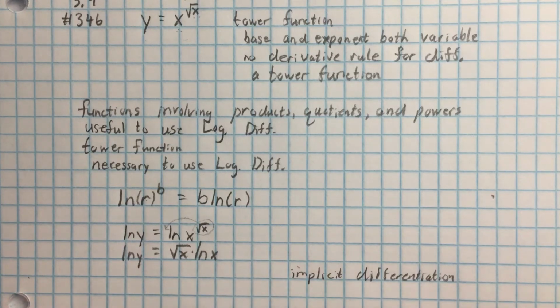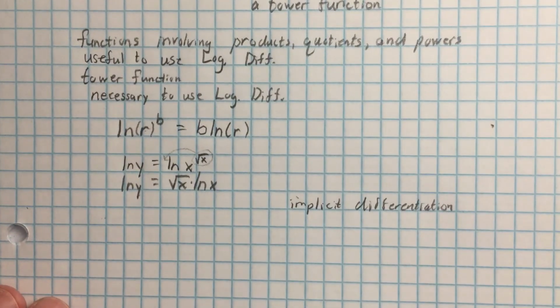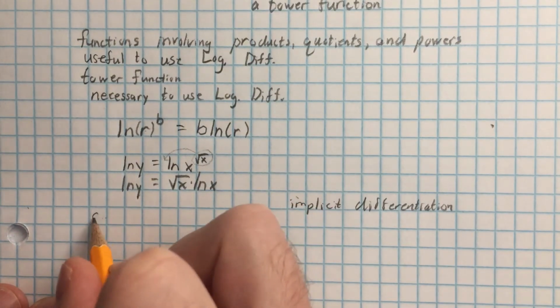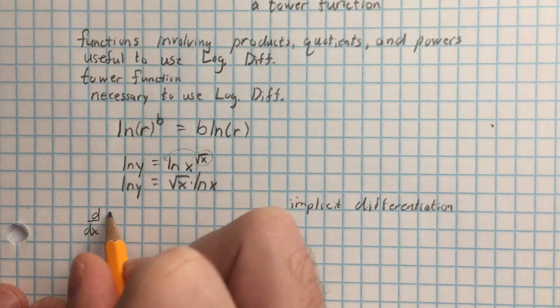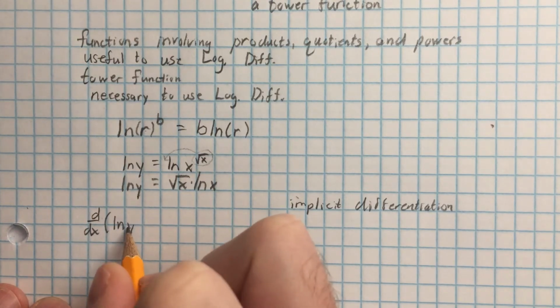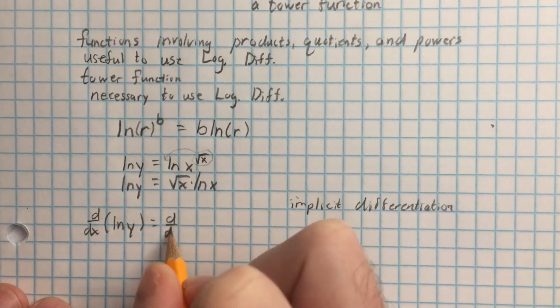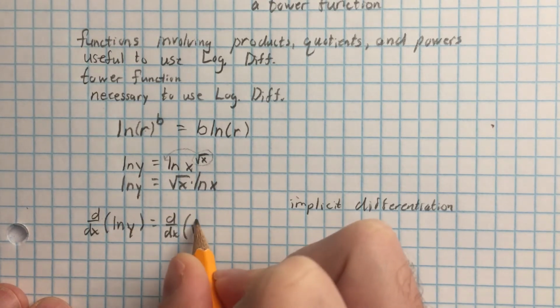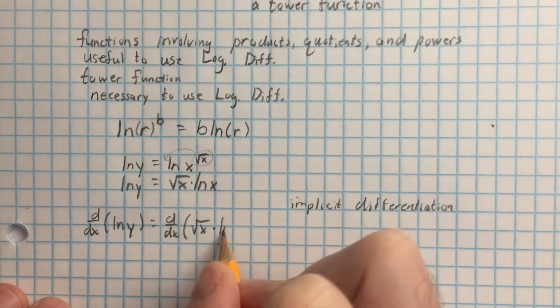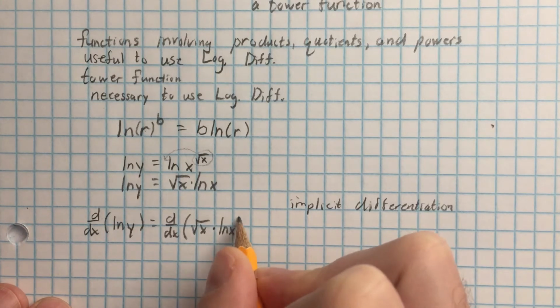So when I take the derivative now of both sides, I'll apply the d dx operator to both sides. So I'll have d dx applied to the natural logarithm of y, not of x, equals d dx applied to this product function, which should be relatively easy to take.